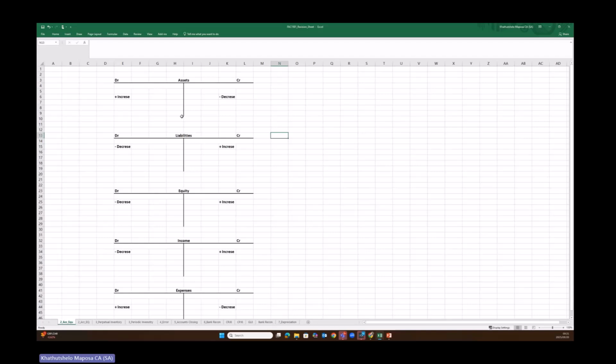So assets: all asset accounts increase on the debit side and they decrease on the credit side. Assets are all those items that the business uses for a long term.